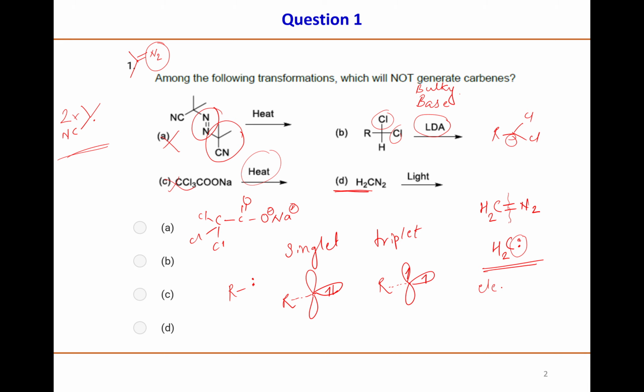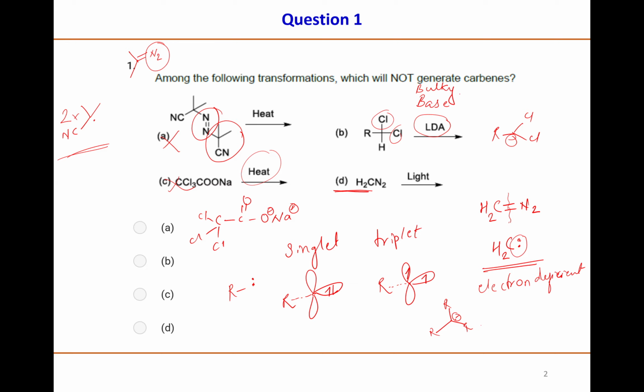Don't confuse between anion and carbene. I will discuss this also. So in an anion, what happens? Suppose we have a carbon anion here, whatever it is.